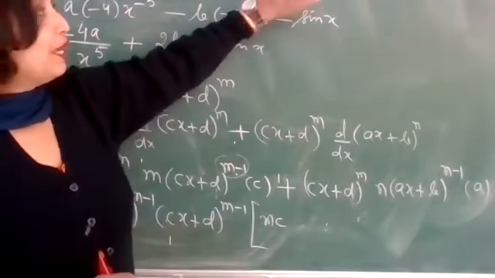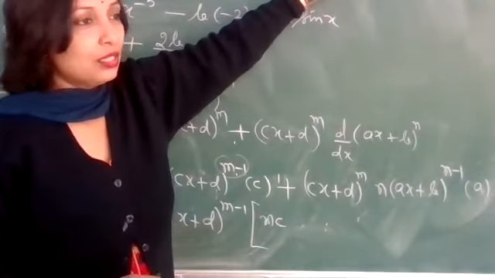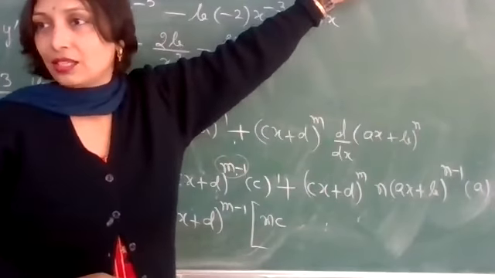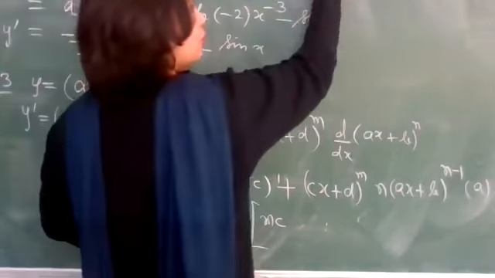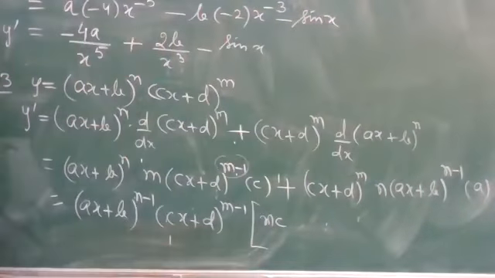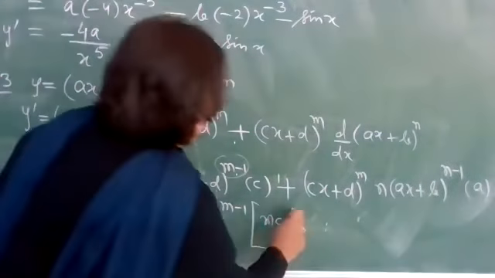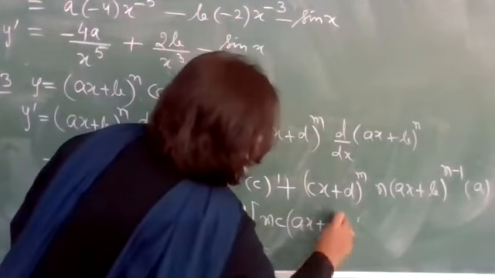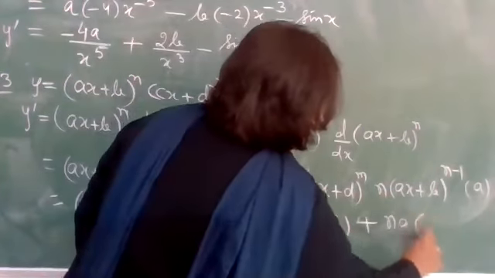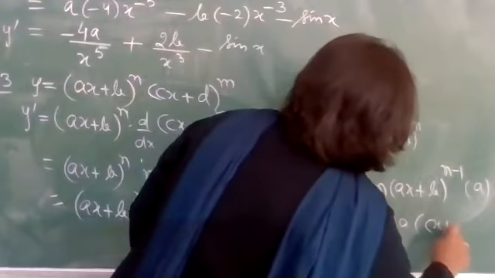Yes. If the base is the same, we add the powers. And if it is written in addition form, then we can separate them like this. And we are taking n minus 1 common. What is left? Power 1 is left. So ax plus b is left, plus a into cx plus b is left.